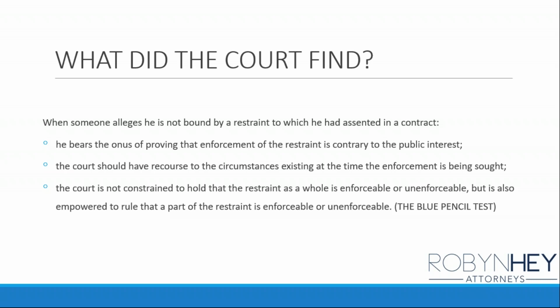So it can say that some of it's enforceable, some of it's not. That is quite an interesting finding, and it means that even today, if you've got a restraint of trade where some of it is ridiculous and some of it is okay, the court can enforce some, if not all, of the restraint of trade provisions.